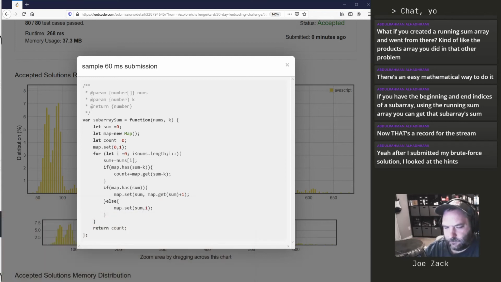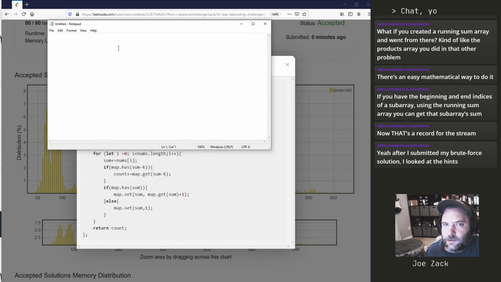Let's see here. So in the simple example, we got 1, 1, 1. They say run through 1 and keep a running sum. We're looking for 2's. So in this case, our map does not contain 1 minus 2.